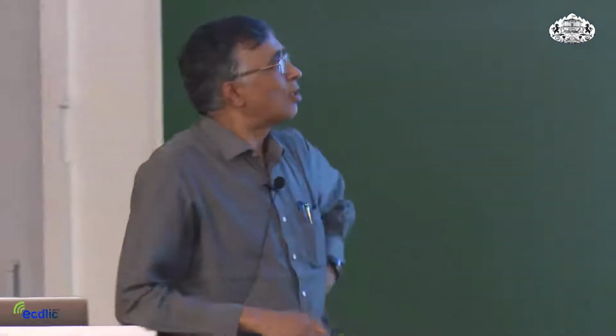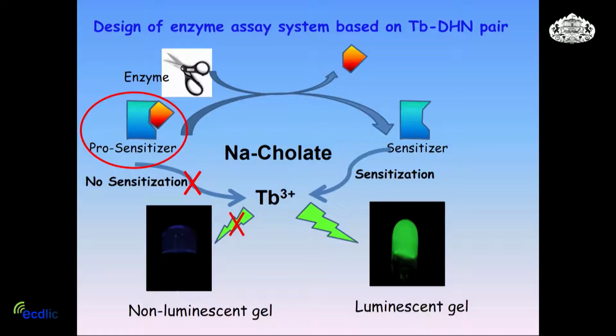What we thought, we will focus on the pro-sensitizer which has to be synthesized. And since we have dihydroxynaphthalene, and this is something Professor Dhawale would appreciate, we thought we will attach sugar units there, because a number of glycosides are known. Glycosides can tolerate a lot of substituents in their 2 position, and many of them are biologically important enzymes.